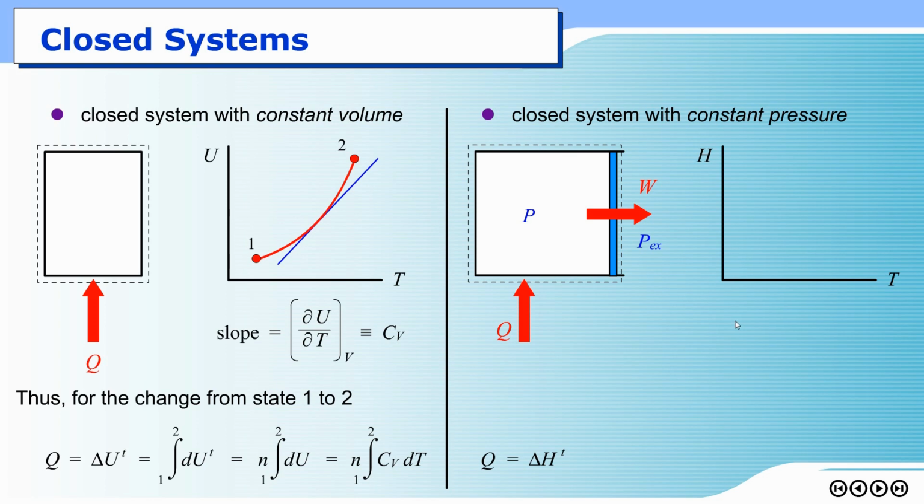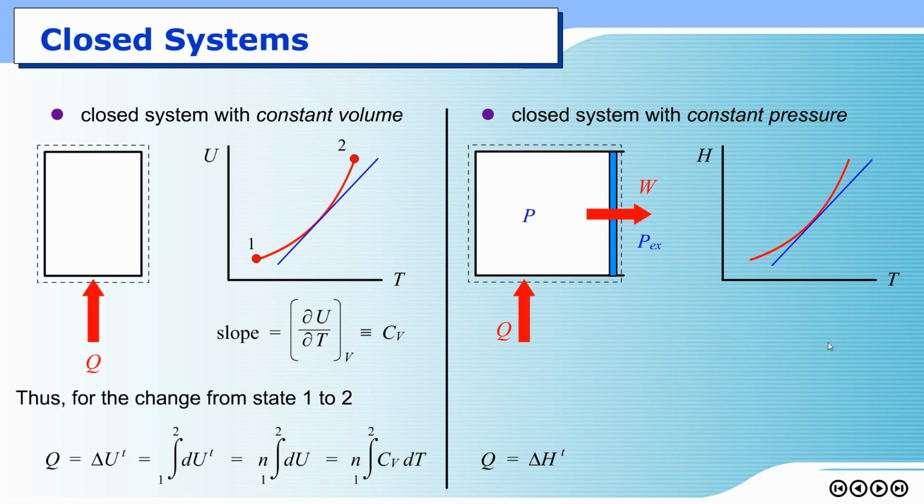When you supply energy as heat into the system, then internal energy would increase and enthalpy would increase as well. So the final state should have higher enthalpy than the initial state and higher temperature as well. So the function would be something like this. Okay, it can be linear, it can be non-linear in any form, and it might not be the same as this graph, but it would be an increasing function.